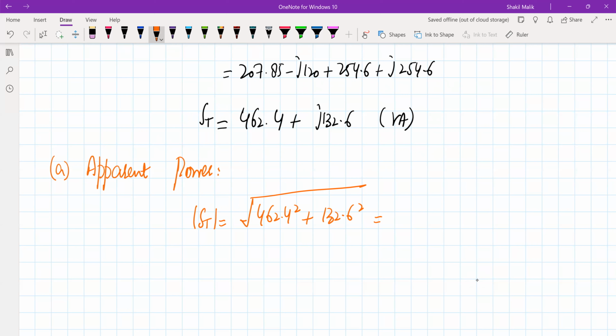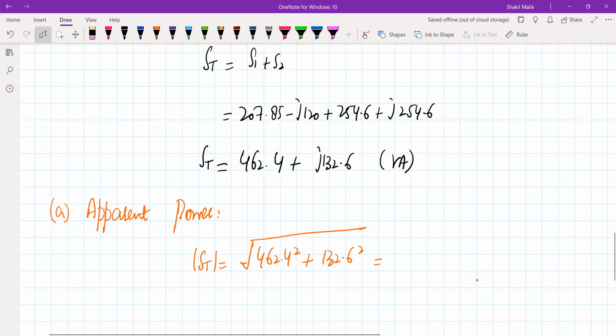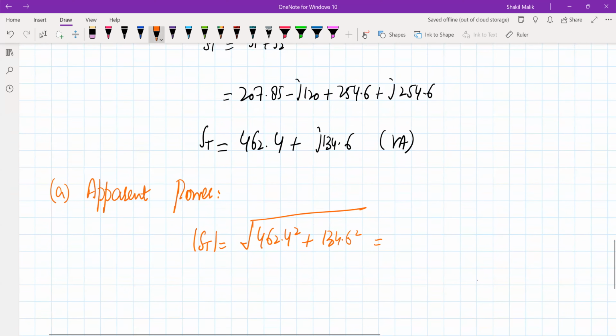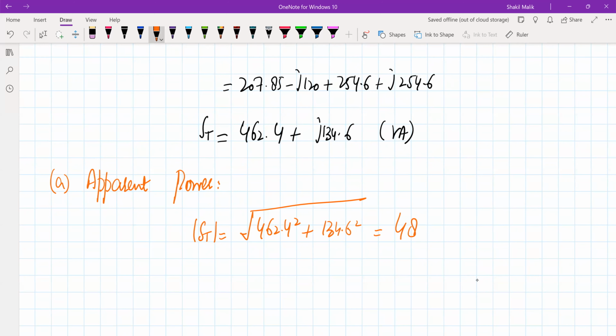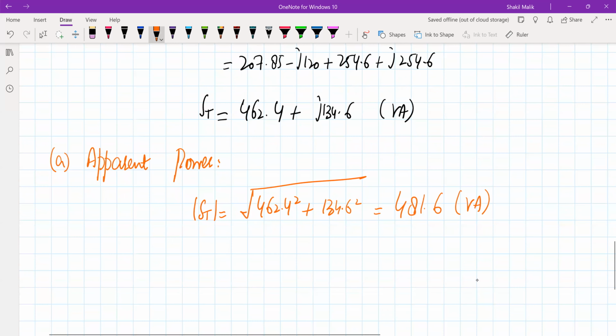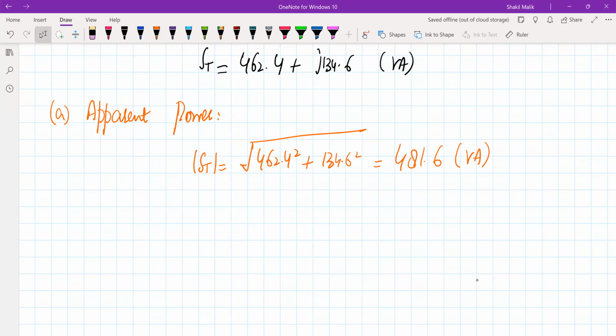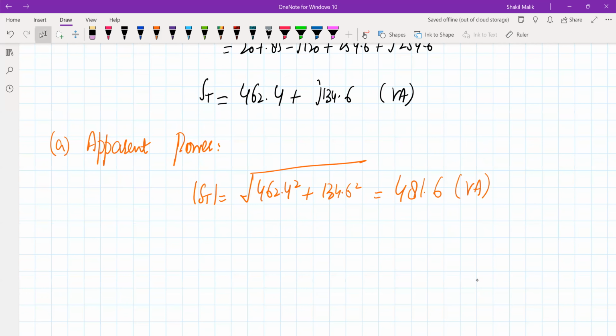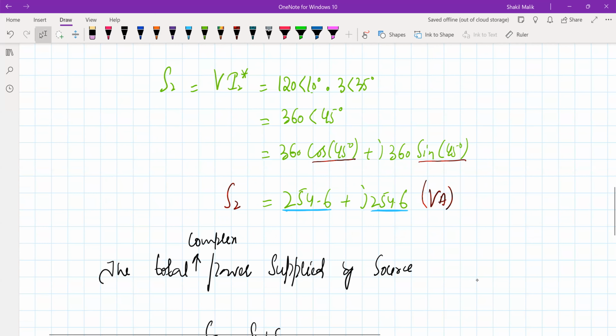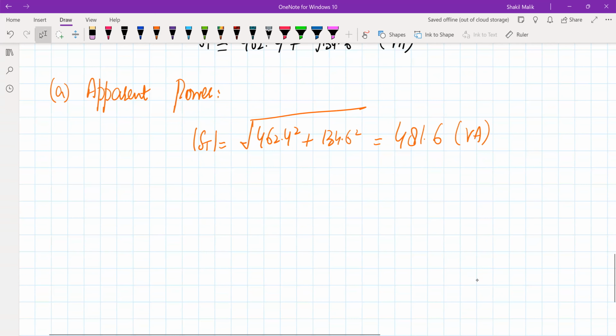If you calculate it, I think this is 134.6 here. Please check the calculations yourself. So it will be 481.6 VA. This is the apparent power supplied by the source or consumed by the two elements, Z1 and Z2, because the total power supplied is equal to the total power consumed.